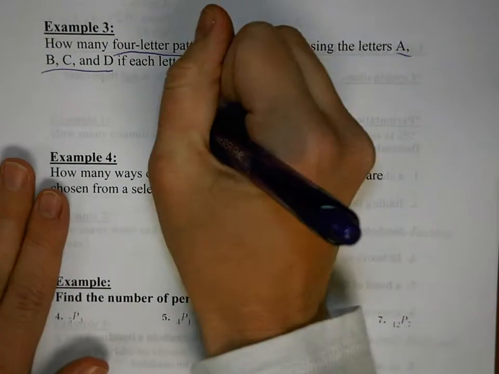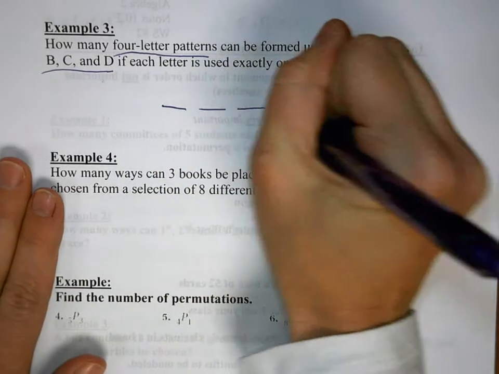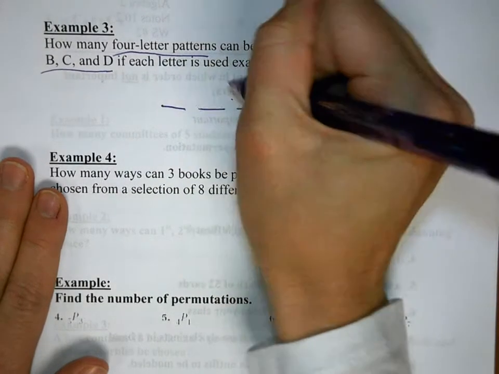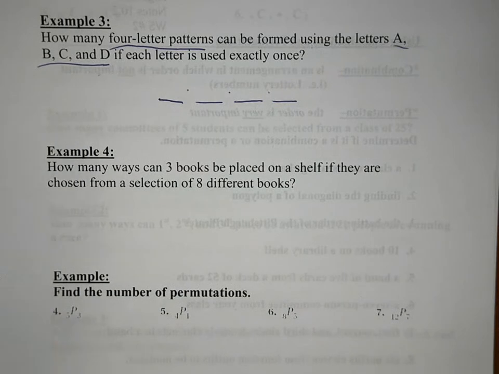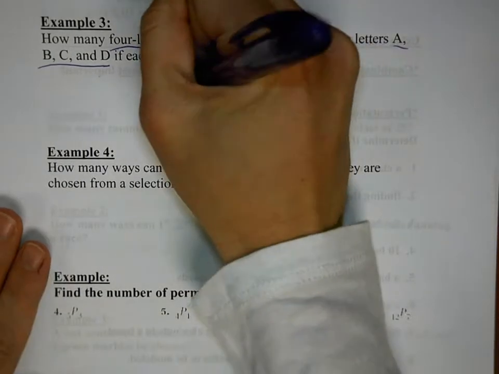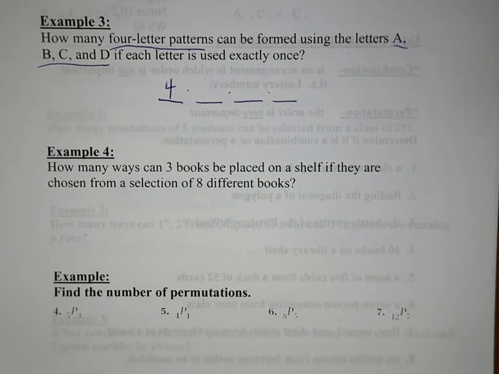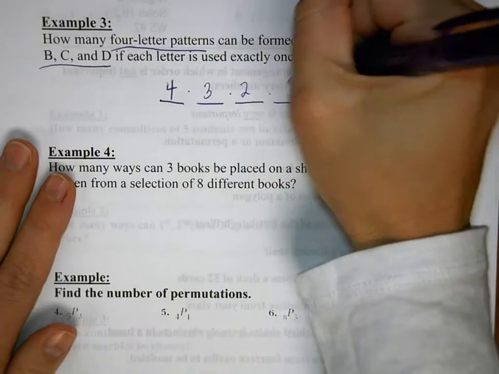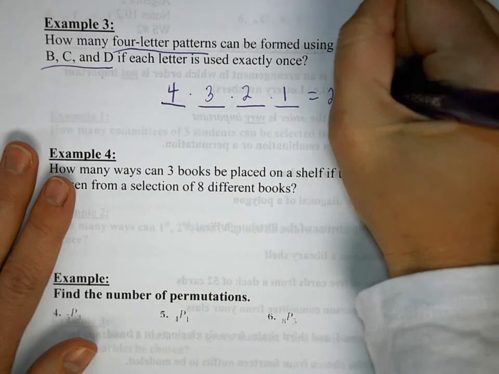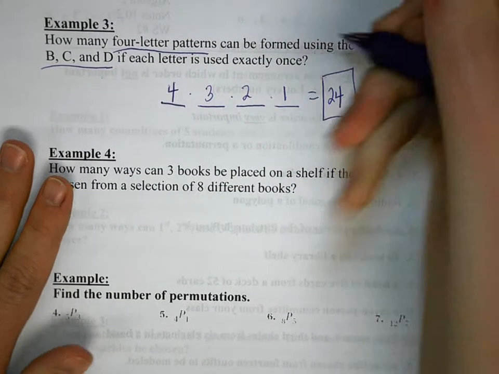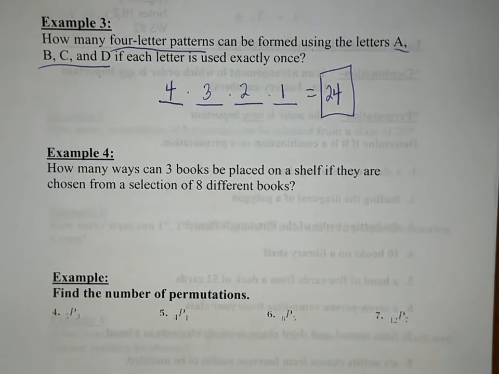I'm going to make 4 blanks, and we always end up multiplying them together. My first blank, how many choices do I have? 4. But we can only use each once, so in my next blank, how many do I have left? 3, and then we multiply that together. Some of these we can do without a calculator.